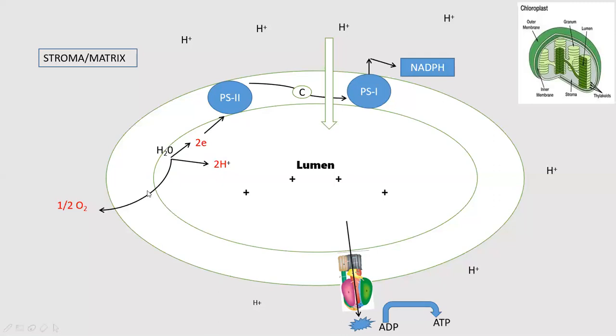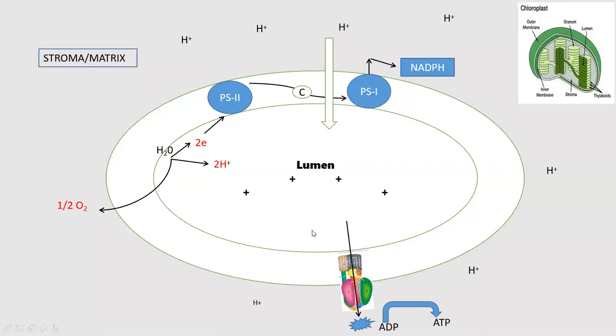The half oxygen molecule waits for another half oxygen molecule to form one complete molecule of oxygen. Then they escape from the lumen and finally enter the environment. That's why plants release oxygen in the process of photosynthesis.